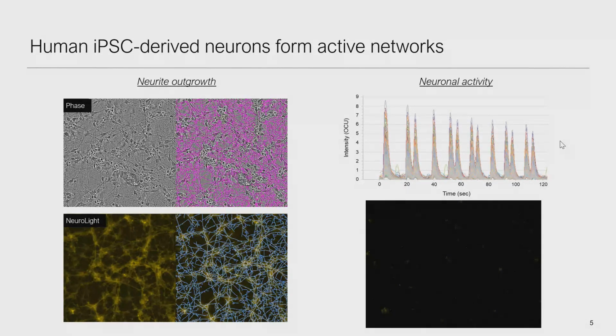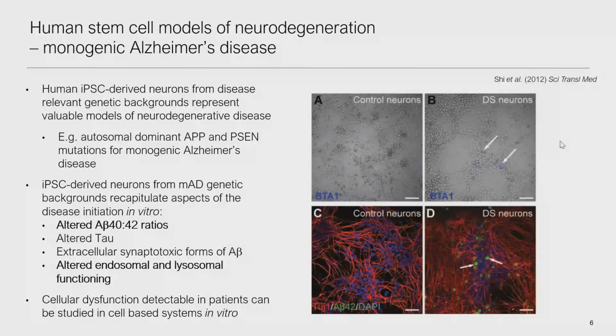We've also run a lot of characterization to demonstrate that these are NMDA-mediated synaptic connections. We've worked with things like tetrodotoxin to show that it will obliterate the activity as well. So we have human iPS-derived neurons that express proteins that we would expect. They visually look as we'd expect. They're spontaneously active. So how do we use them?